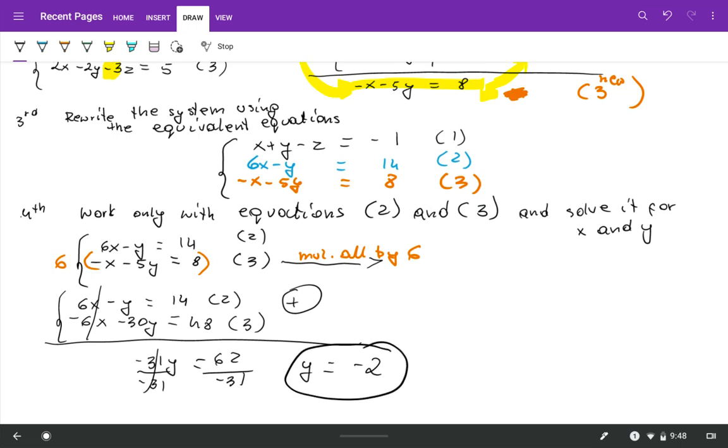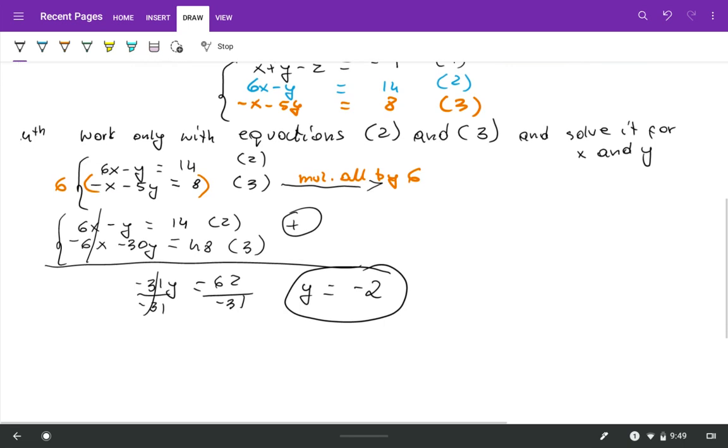When you have 1, this is like almost the end. Now, since we know what is y, I will go back, fifth, go back to, and I will pick equation 3.